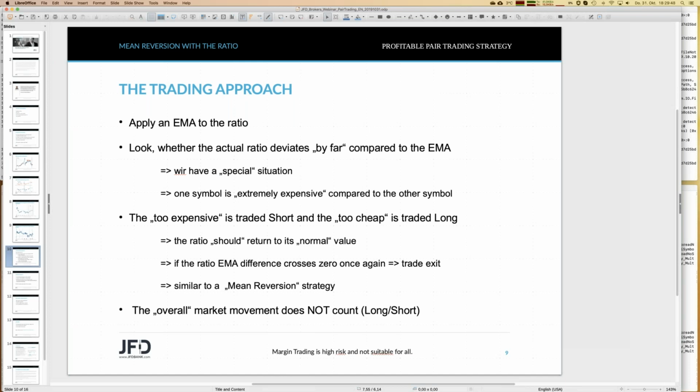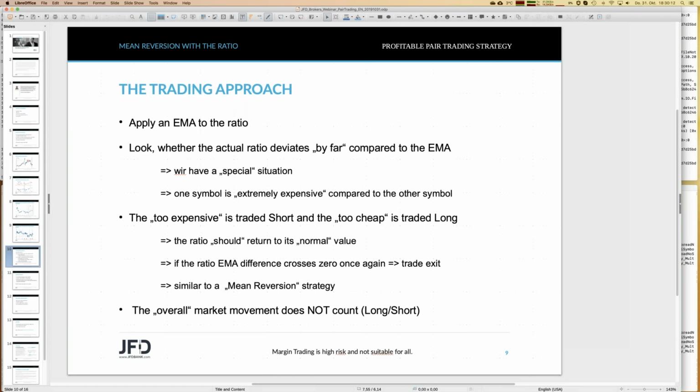And let me just say, sometimes in my webinars, if I would simply say we have a mean reversion strategy on a forex pair, it's exactly the same. Now you see, I mentioned a forex pair because we cannot trade euro, we cannot trade US dollar.